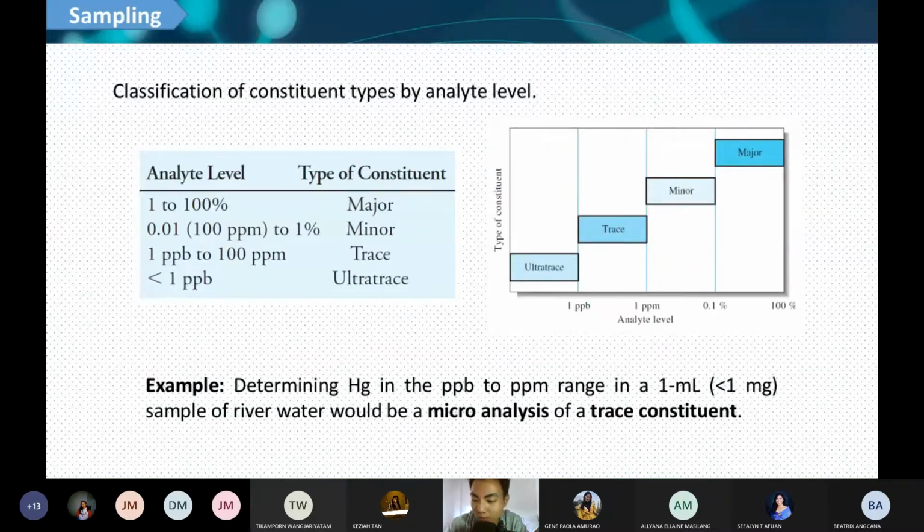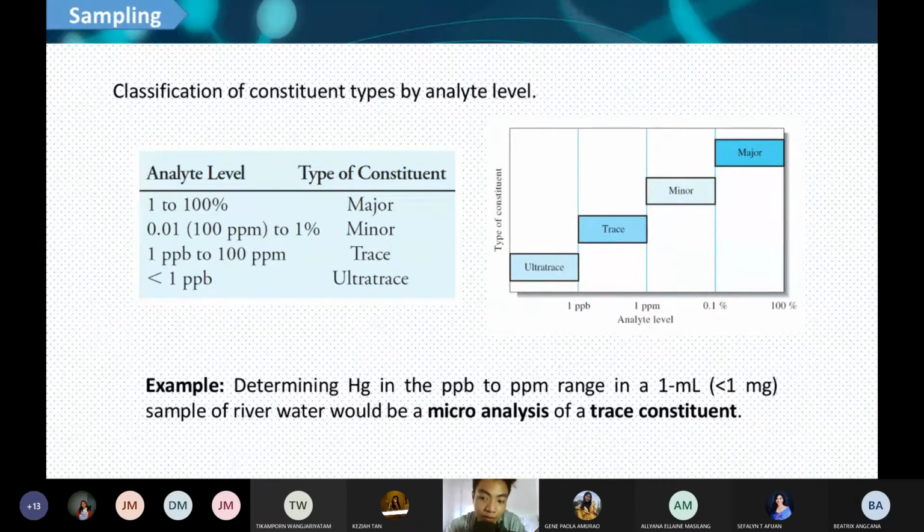Also, depending on the concentration of your analyte, the analyte is the substance that we are dealing with. Depending on the concentration of your analyte, there is also a classification for that type of analysis.